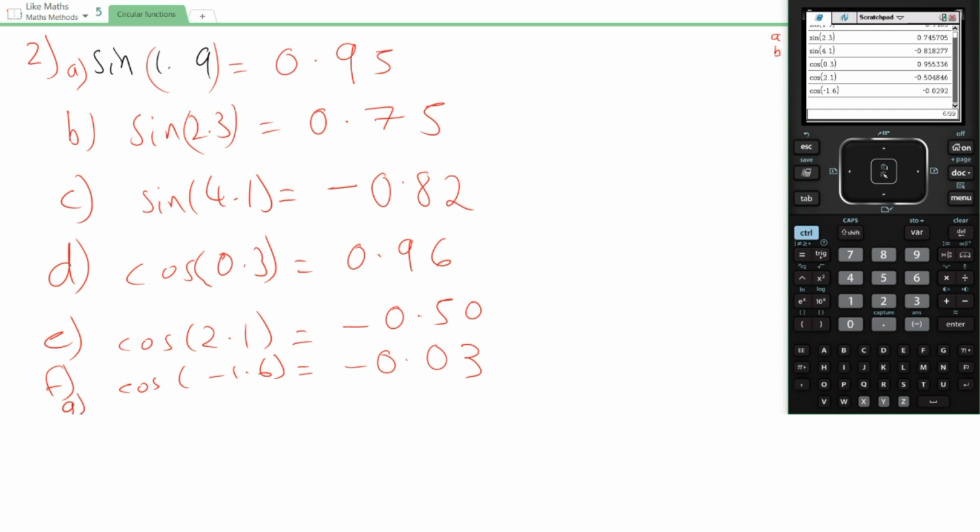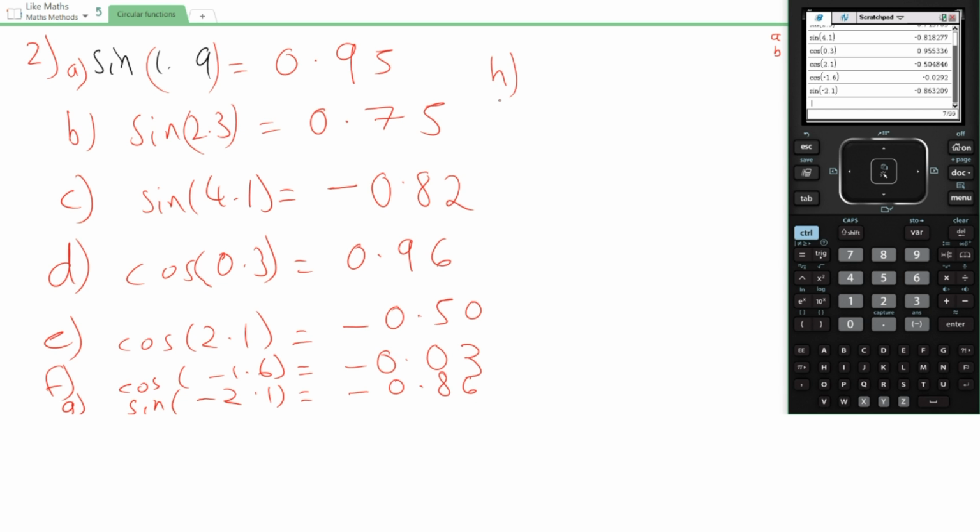G is sine of minus 2.1, which is minus 0.86.